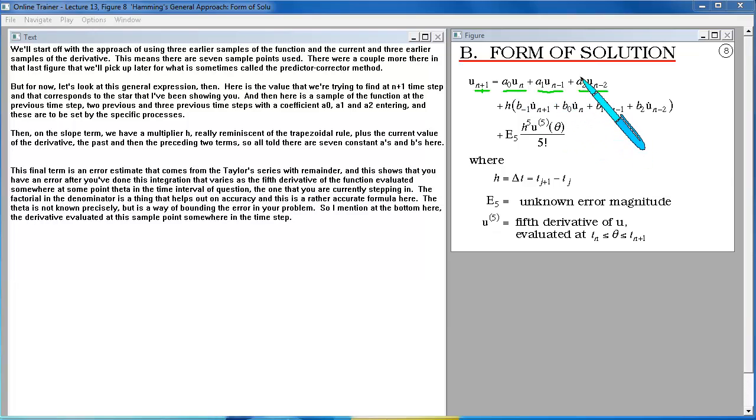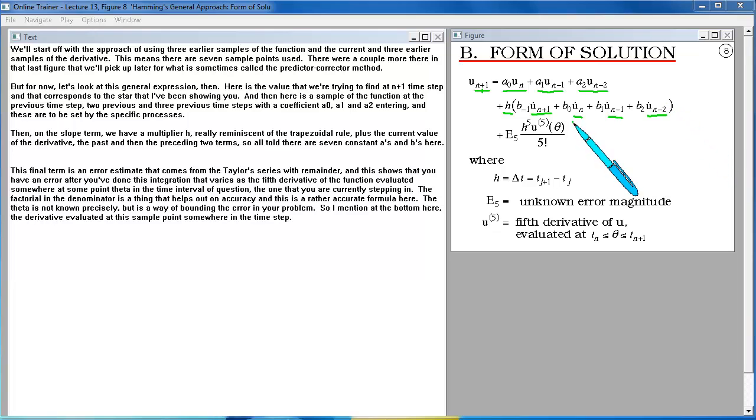Then on the slope term, we have the multiplier h, really reminiscent of the trapezoidal rule, plus the current value of the derivative, the past, and then the preceding 2 terms. So all told, there are 7 constant a's and b's here.